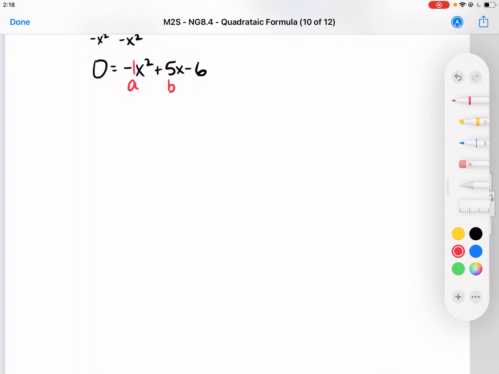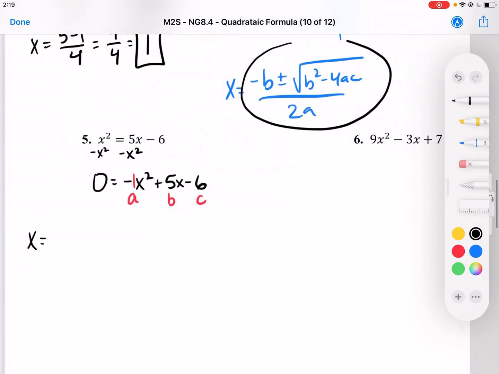So we've got A is -1, B is 5, C is -6. With the quadratic formula, it doesn't matter if your first number is negative or not. You don't have to divide everything by -1. So we can just go ahead and work our magic. Let me have this pulled back up, because this is really important right here. So we do the opposite of B, so -5.